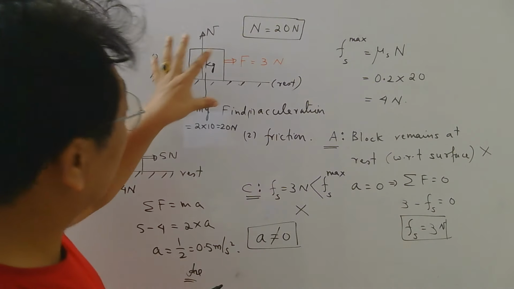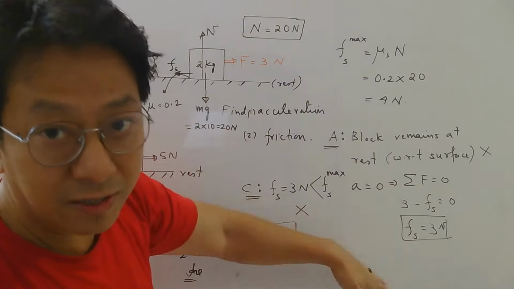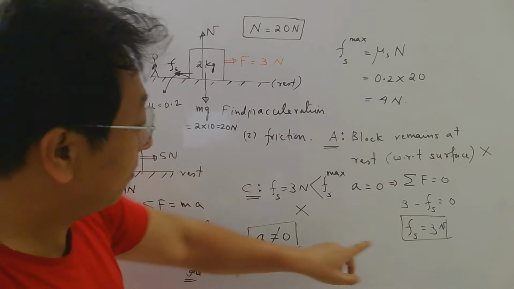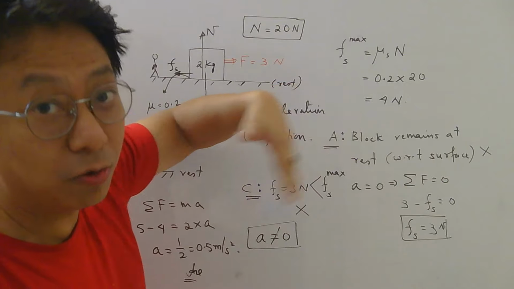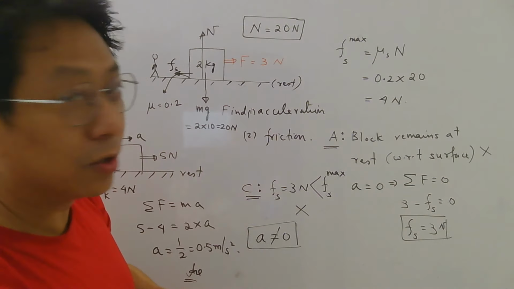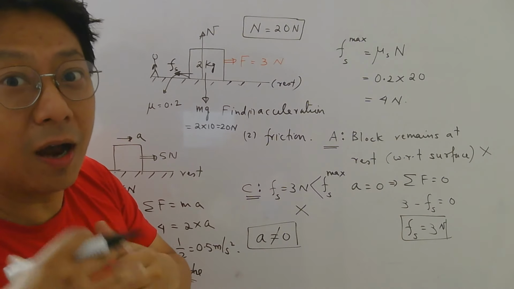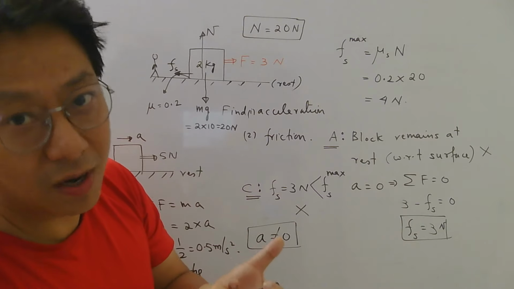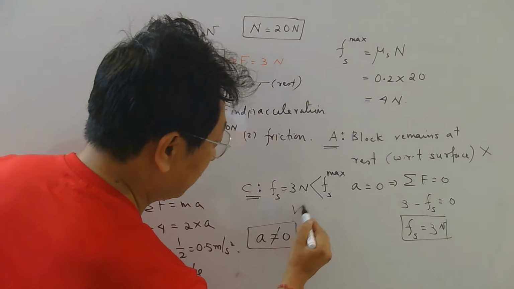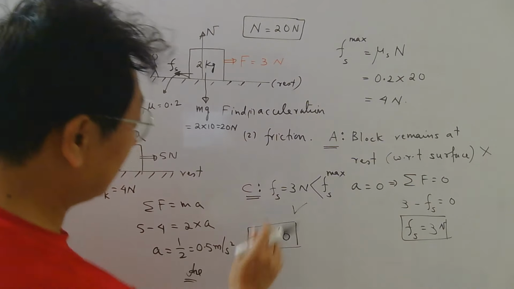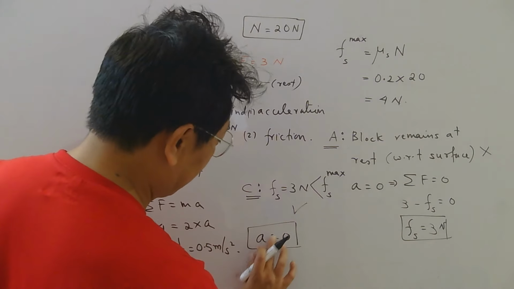But if the block is at rest, as we have seen here, because the friction required is 3 Newton and the static friction value can go up to 4 Newton. It is like if you can get 100 marks maximum, getting 70 marks is possible. So this is possible. So friction can be 3 Newton. And since this is possible, our assumption is correct.